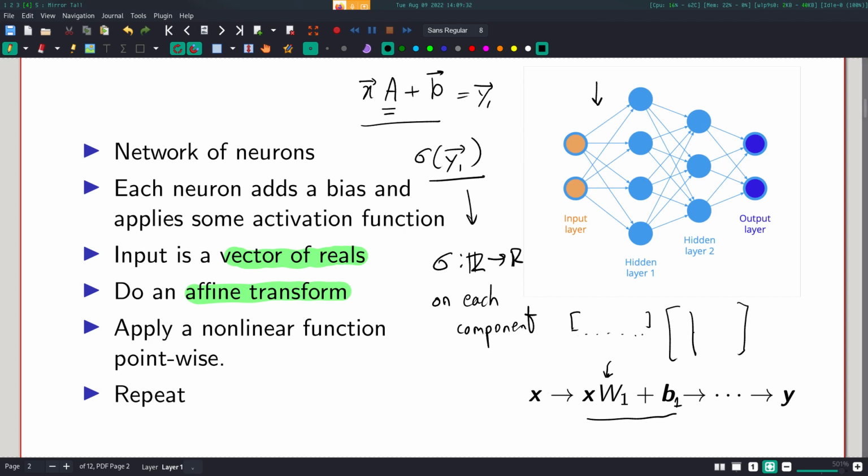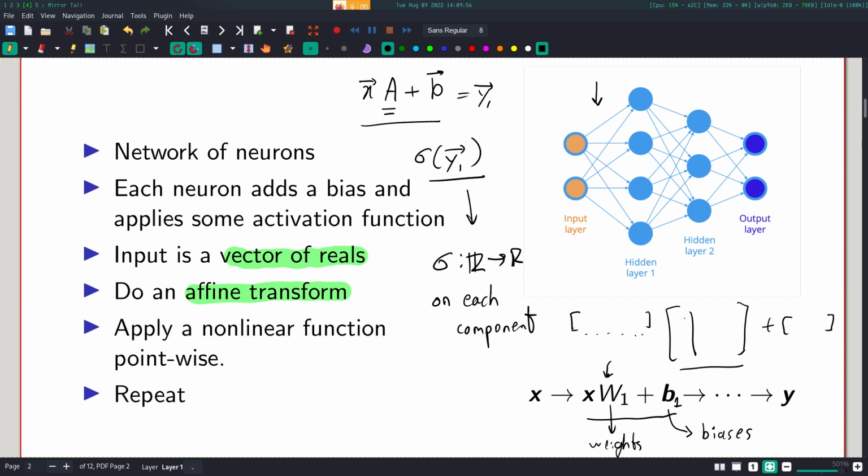Then each column here is going to compute a weighted sum, right? So we call this the weight matrix. So we have weights, and then whatever you add corresponds to the biases, right? Once you've computed the weighted sum, you're just going to add some biases to it. So that is your biases, right?